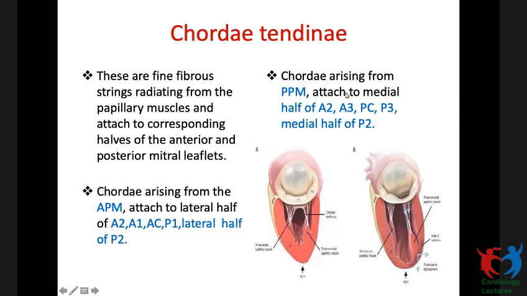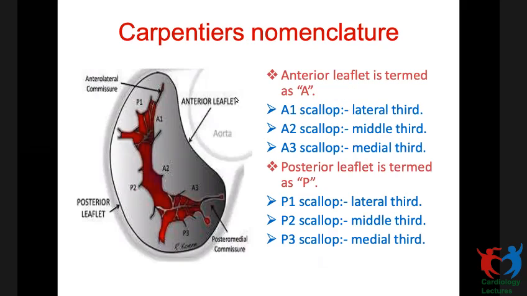Whereas chorda arising from the posterior papillary muscle are attached to the medial half of A2, A3, posterior commissure, P3 and medial half. So the anterior papillary muscle will attach more to A1, P1 and a part of A2 and P2, whereas the posterior papillary muscle will be more attached to A3, A2 and P3 and P2.